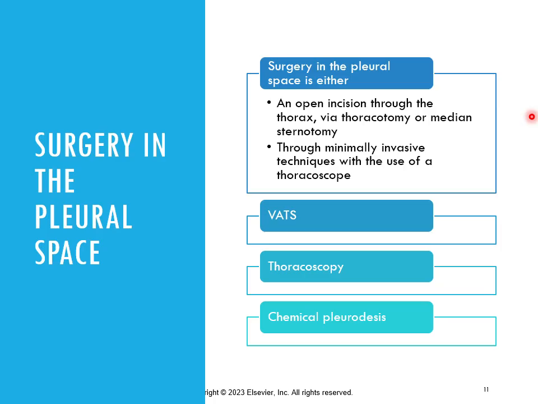The scope allows the surgeon to insert a video camera into the pleural space and actually lets them look in real time at the surgical field, and this is called a VATS procedure, or a video-assisted thoracoscopic surgery.